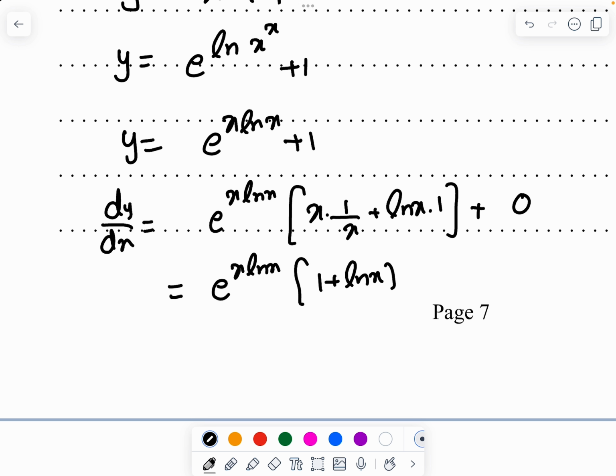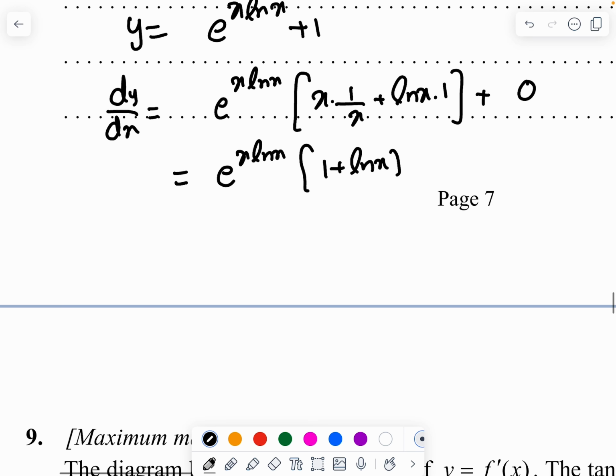That is dy by dx. Now we need to get the slope of the tangent at x equals 1.